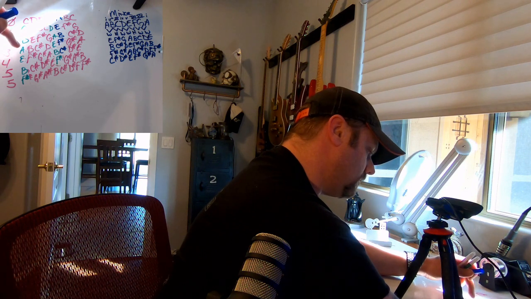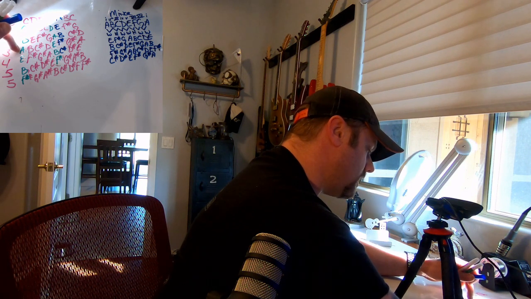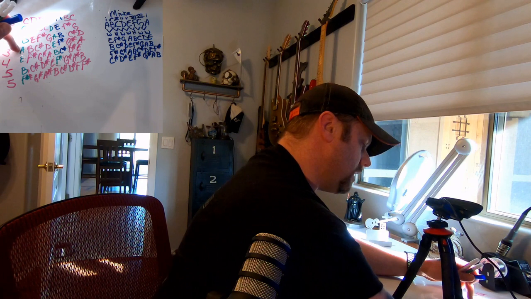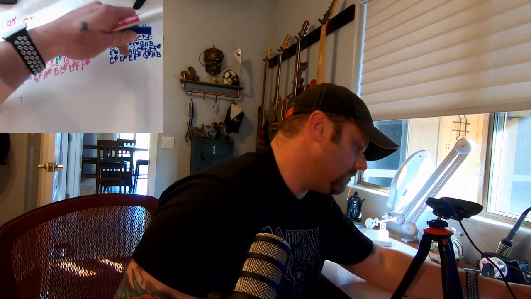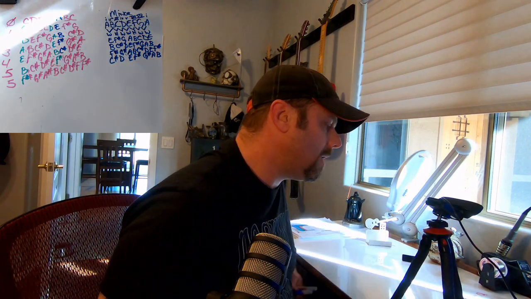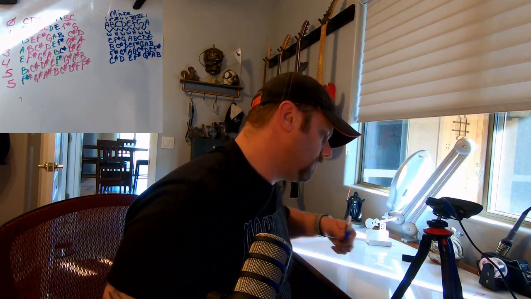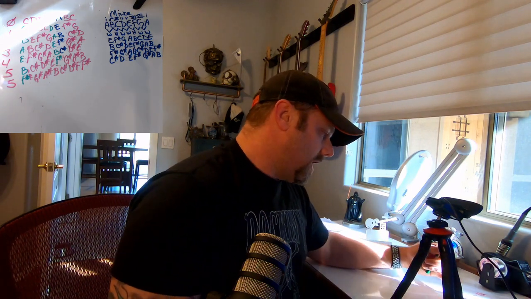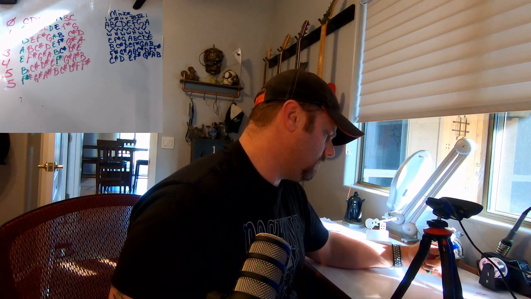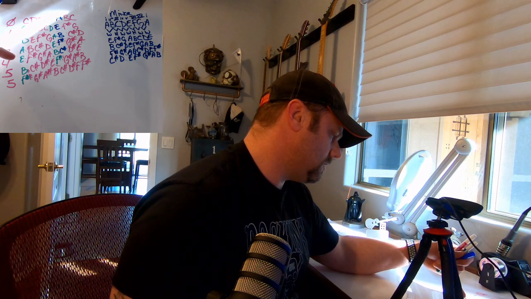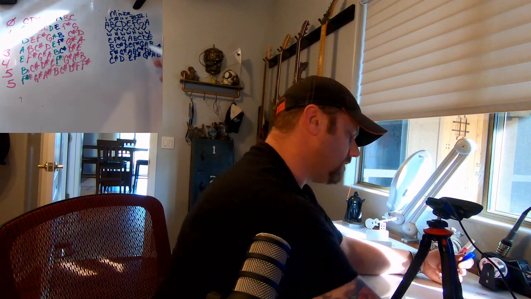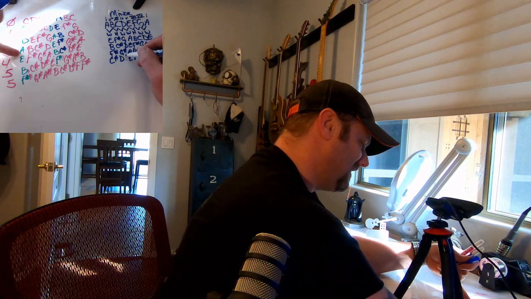Where am I at? C. Okay, A, yeah. A, B. No, not D sharp, D. Regular D. My bad. Is that right? C. Oh, wait a minute. No, it was D sharp. I'm on E. Sorry.